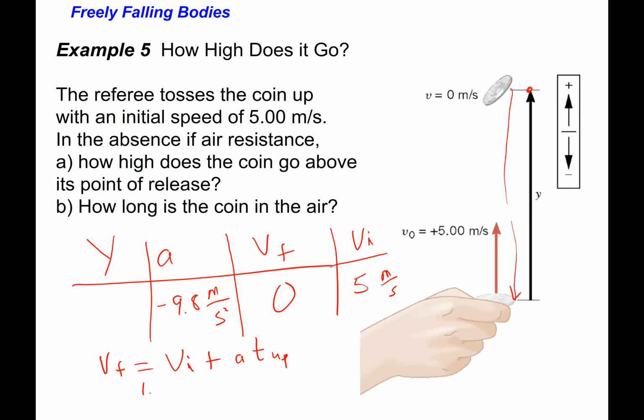In other words, time up will be v final minus v initial divided by acceleration. Remember, v final is 0 minus v initial. But once we divide this negative by negative, then the time up would be a positive number. Time is always positive.